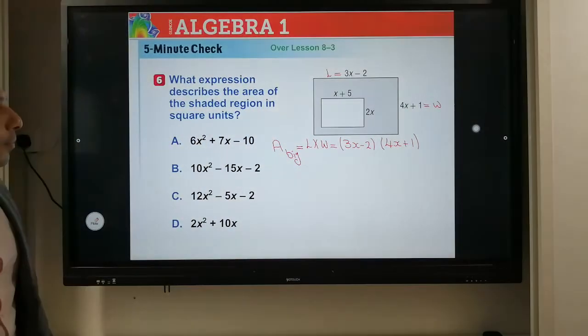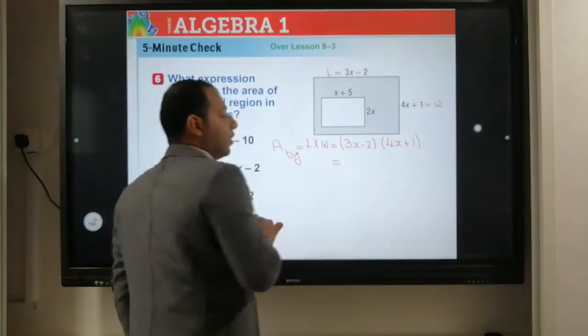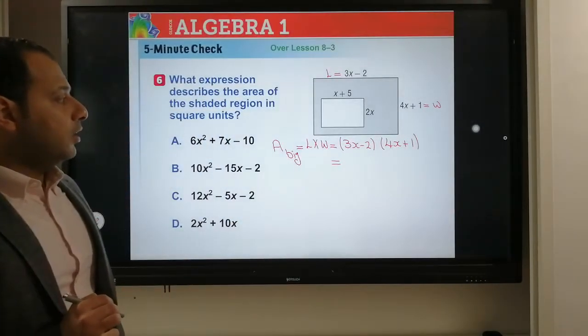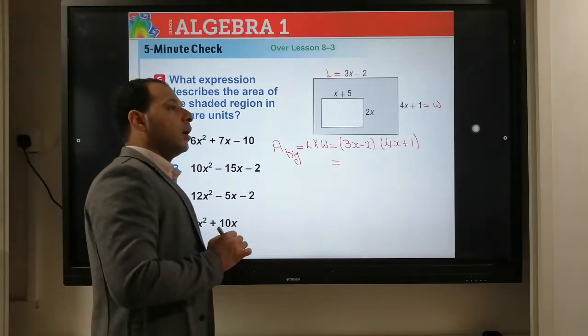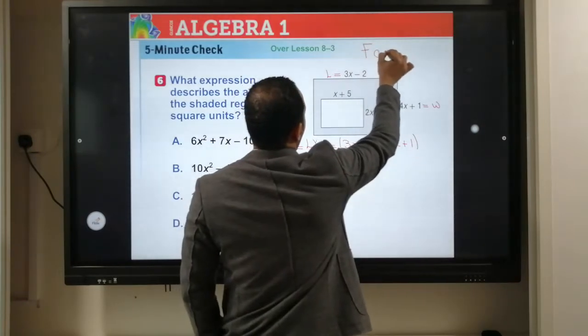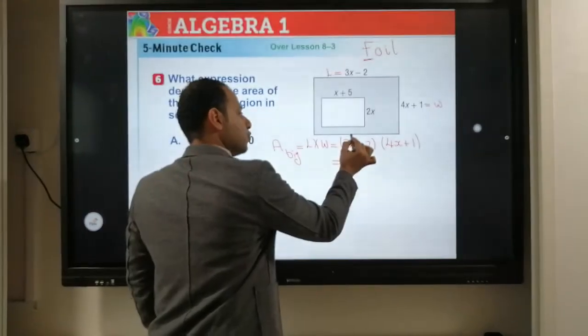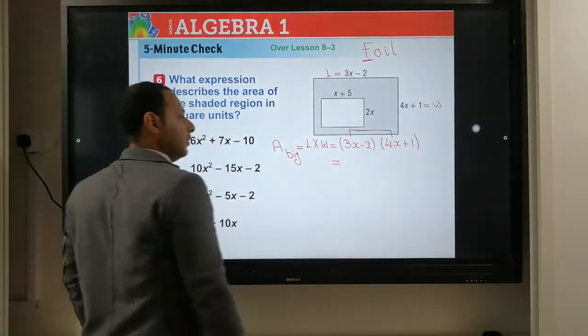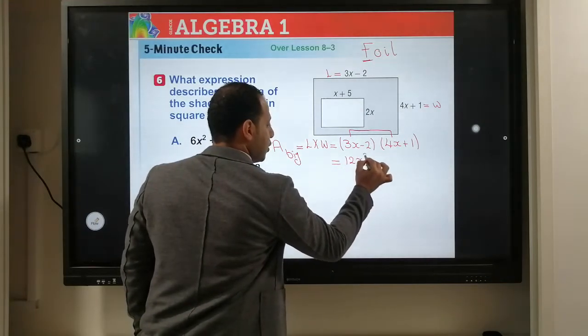I need to get the product, so multiply using the FOIL method. Start with me, write here FOIL. F, the first, so just multiply, you get 12x squared.